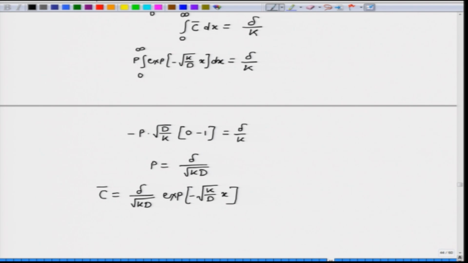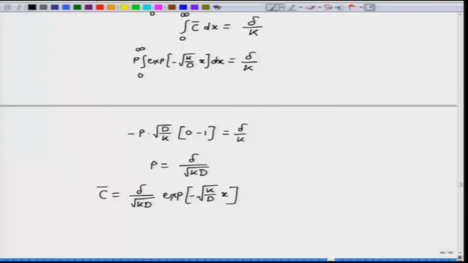So, we found the solution for c bar, and c bar is a Laplace transform of c. To get back to c, we need to take inverse Laplace, right. So, c of x and t will be L inverse of delta over root k d exponential minus root k by d x.